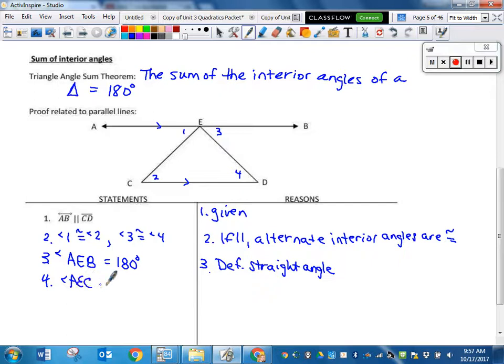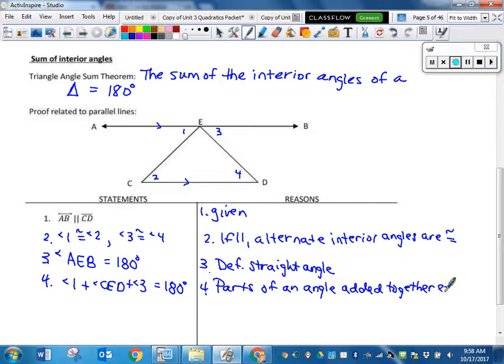If I take angle AEC, or angle 1, actually I'll call it angle 1, and I add it to angle CED, which is what we were just talking about before, plus angle 3, it's going to equal 180 degrees, because parts of an angle added together equal the whole thing.